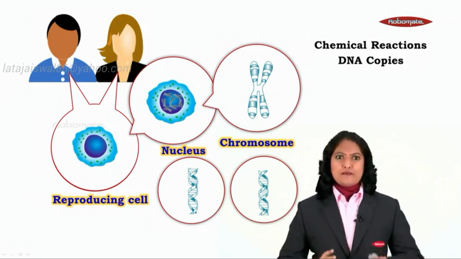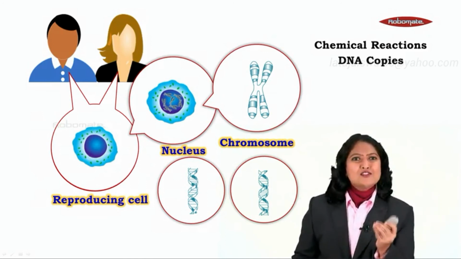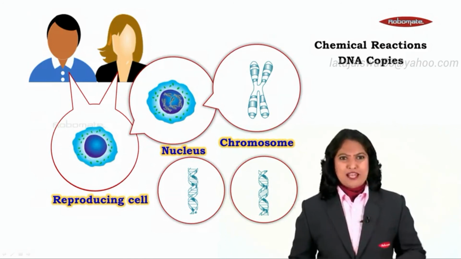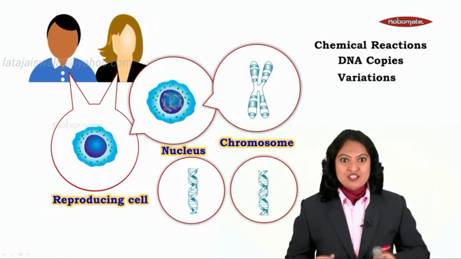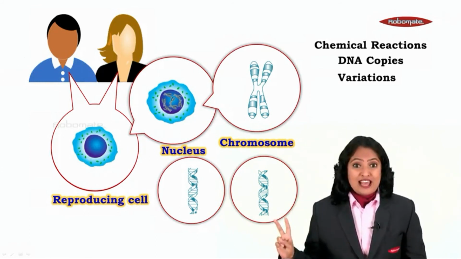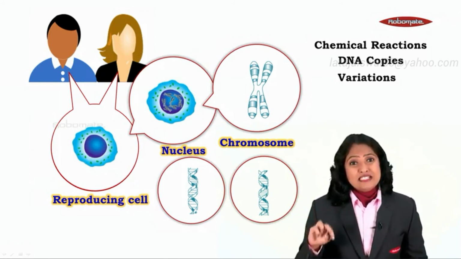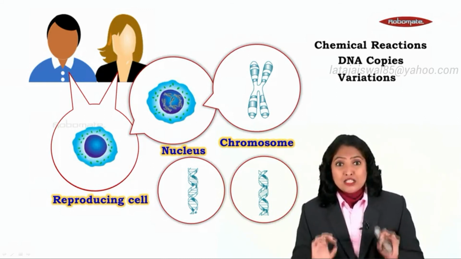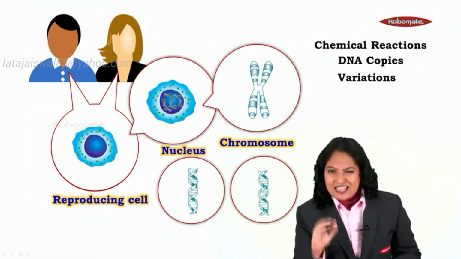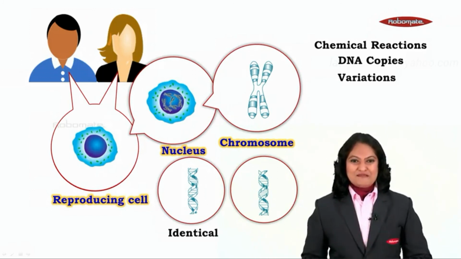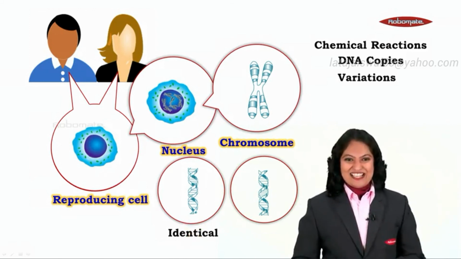And we all know when chemical reactions take place, there are some minor changes that take place and they give rise to something called variations. So if these 2 cells have the same DNA copies, but the copies are slightly different to each other, that means they cannot be identical.